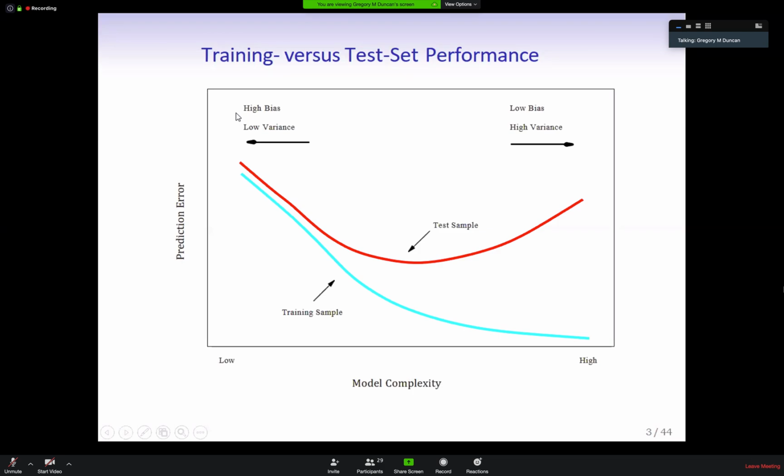High bias will go with low variance and large prediction error. Low variance goes with low bias, and a low in-sample prediction error, but a high out-of-sample prediction error. And what we want to do is pick a model somewhere in here.